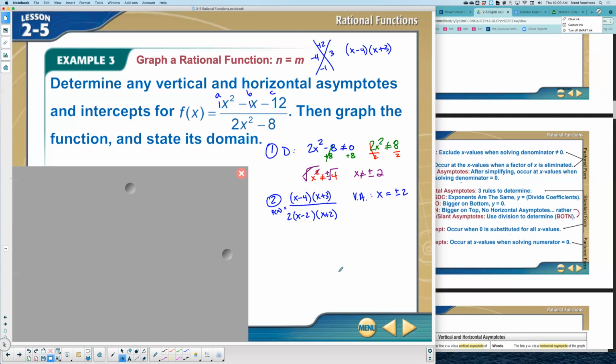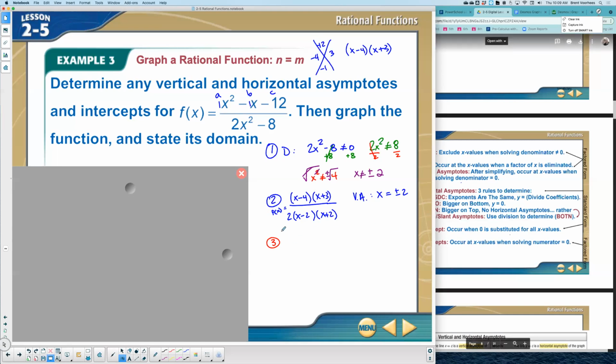And granted, we could have looked at the graph to find this, but I want to practice the algebra today. Step 3, look at your powers. Are the exponents bigger on top, bigger on bottom, or are they the same? The leading term for both the numerator and the denominator. Exponents are the same.